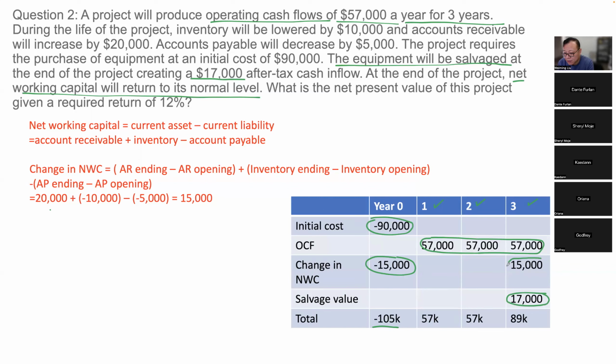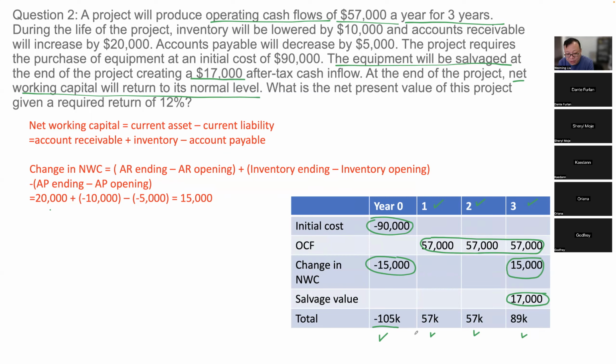So that's the 15,000 at year 3. So then I know initially 105K, year 1, year 2, 57K. Last year, it will be a little bit more because of the salvage value of the equipment and also the cash flow released from the working capital, 17,000. So in total is 89,000.